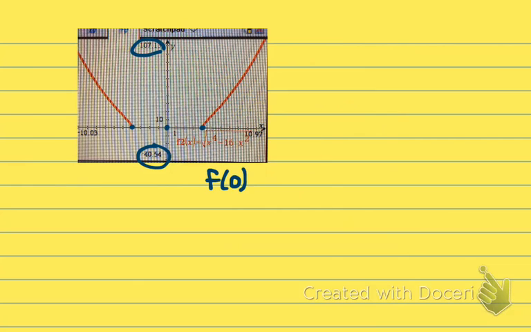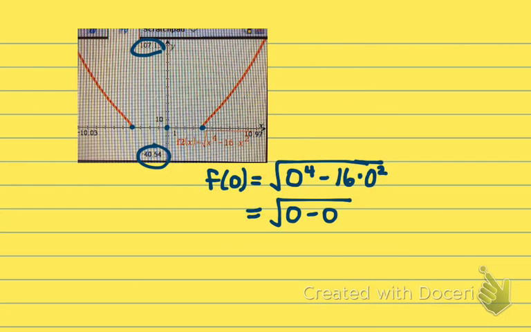F of 0 equals the square root of 0 to the 4th minus 16 times 0 squared. Well, obviously, that's the square root of 0 minus 0, which is 0. So now I know that the point 0, 0 is part of this function, but your calculator doesn't show that. So just be mindful of that.